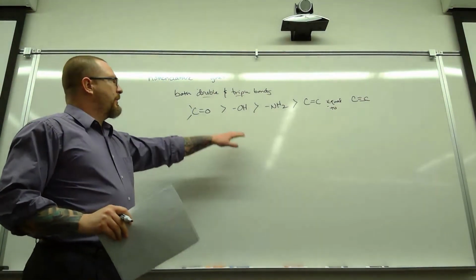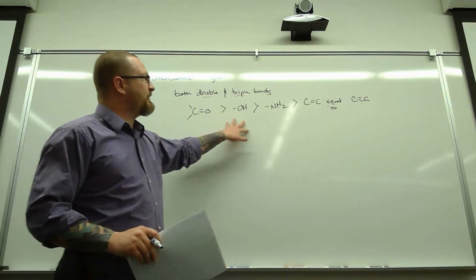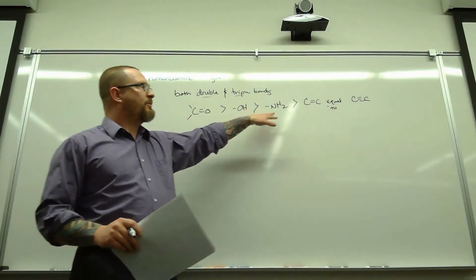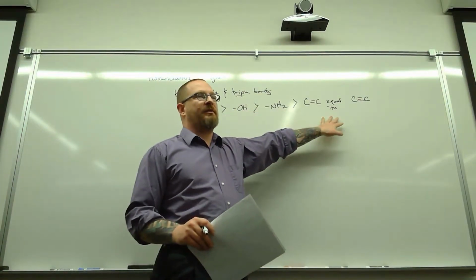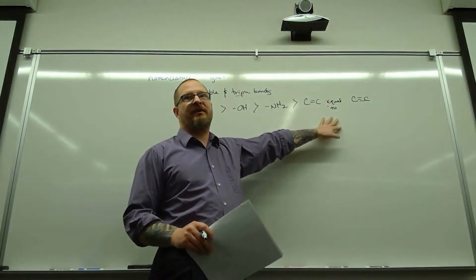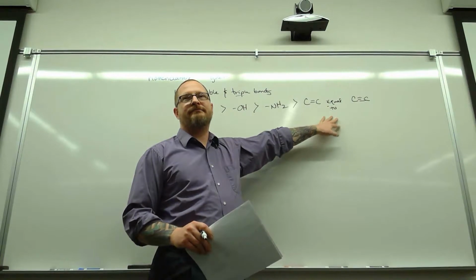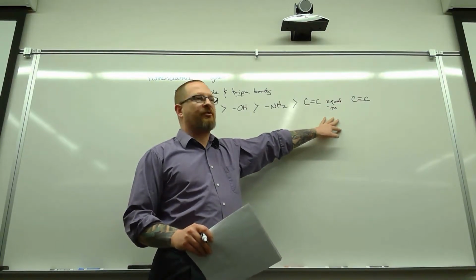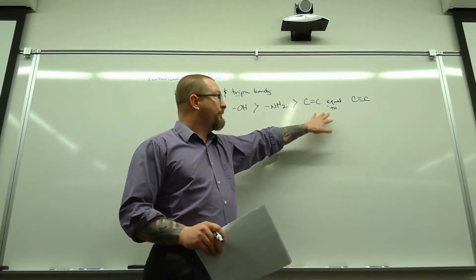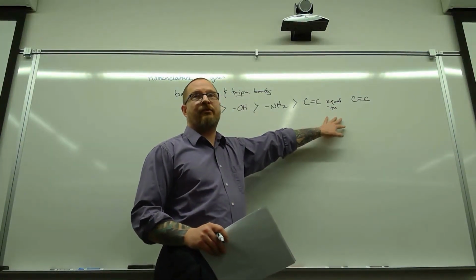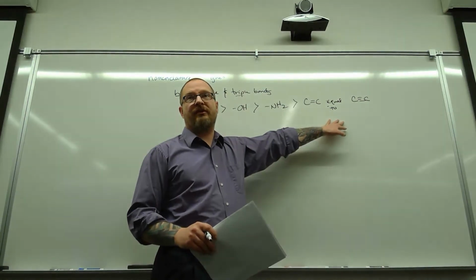So in some ways, it's actually a little bit easier when you have these other groups. In terms of reactivity or the degree of oxidation, it's not totally the same, but in terms of nomenclature rules, they're set equally. So we have a set of rules for how to handle these two together specifically.